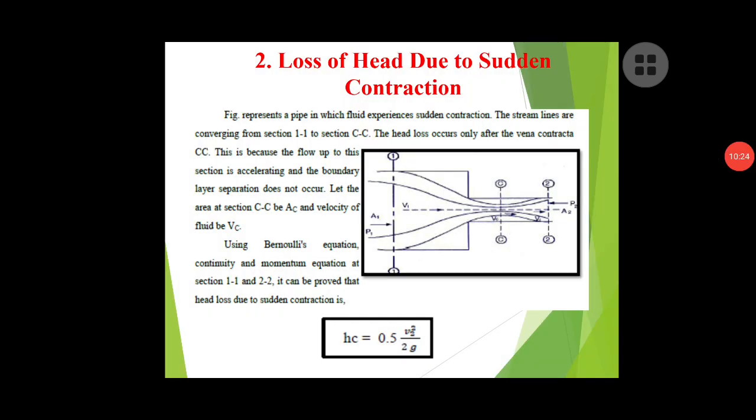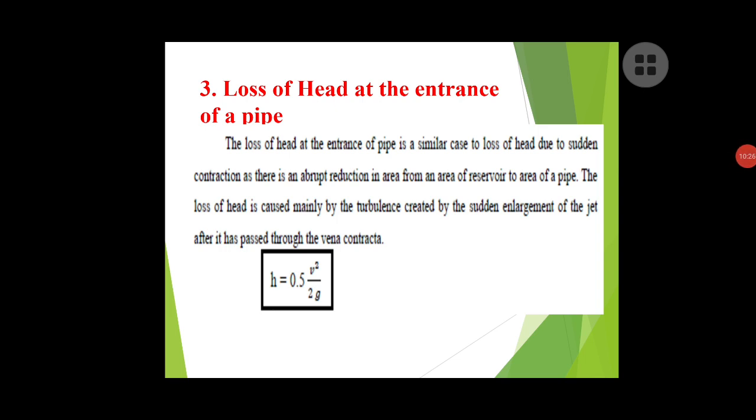Third, loss of head at the entrance. This loss of head at the entrance of the pipe is similar to the loss due to contraction, but there is an abrupt reduction between the area of the reservoir and the area of the pipe. The loss of head is caused mainly by the turbulence created by sudden enlargement of the jet after it passes through the vena contracta. So H is equal to 0.5 V square upon 2g.